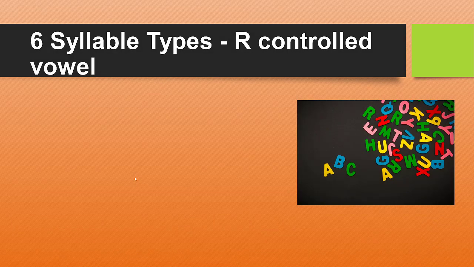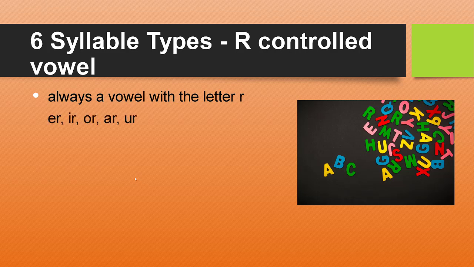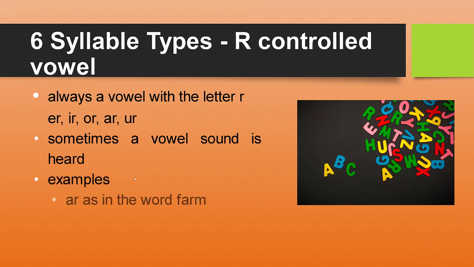So let's look at R-controlled vowels. An R-controlled syllable always has a vowel with the letter R. We can have ER, IR, OR, AR, or UR. And sometimes the vowel sound is heard, and sometimes it's not. So let's look at these examples.